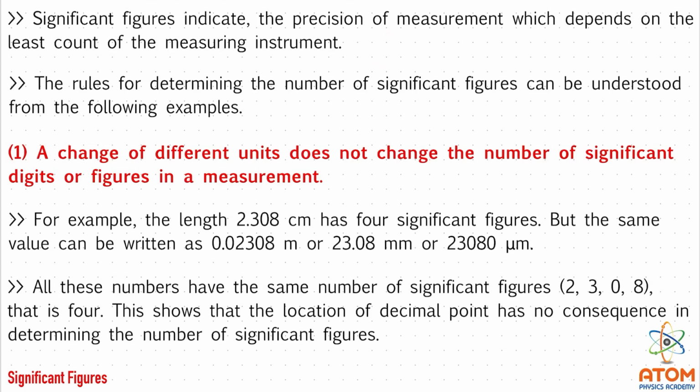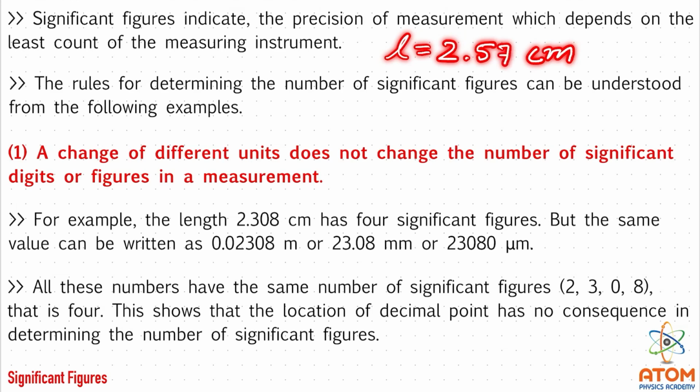If I write length L is equal to, let us say, 2.5 centimeter, that means this is a measurement done by a simple scale, meter scale. But if I measure it with a vernier scale, then I can measure up to, let us say, 2.57 centimeter.